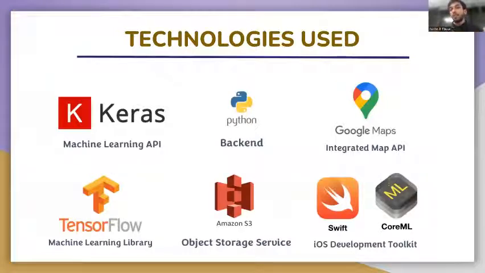Swift is an object-oriented programming language, similar to Java, that is used to develop the whole application with integrations with CoreML. What CoreML provided was a convenient way of integrating a machine learning model into an iOS application, ensuring that the efficiency of the model is optimized by CoreML.